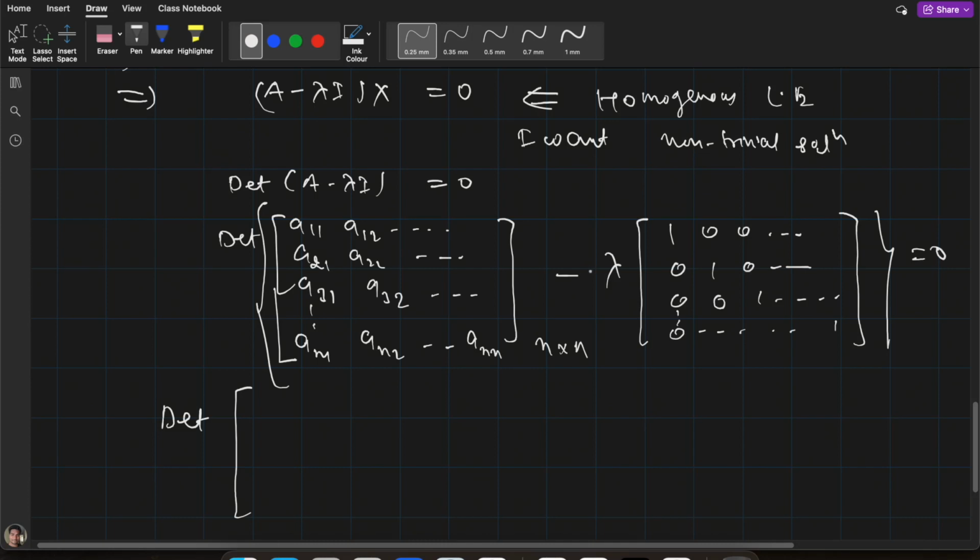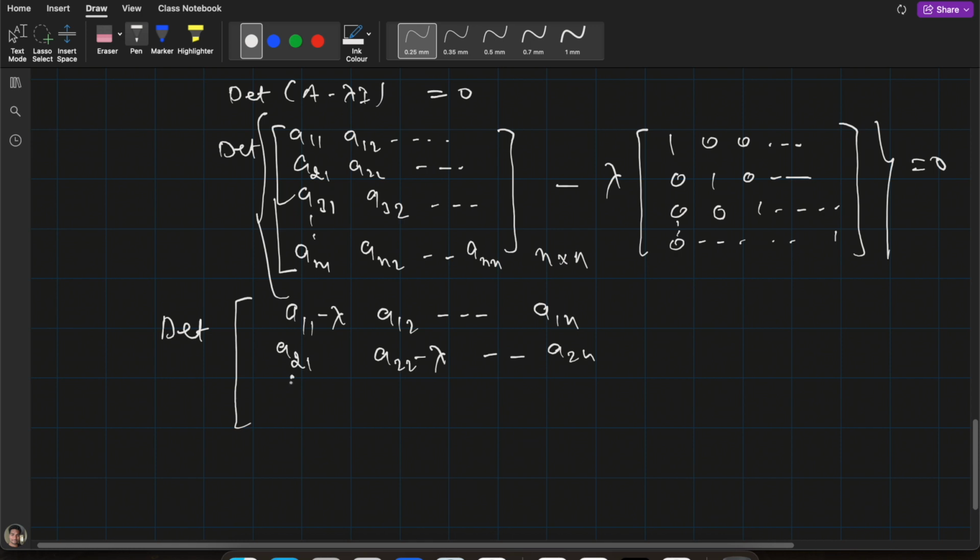You can see that after multiplying lambda with this identity matrix, lambda will move to the diagonal, and the determinant of that is equal to 0.